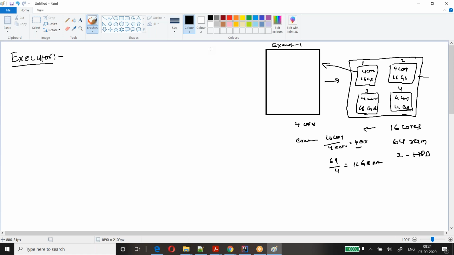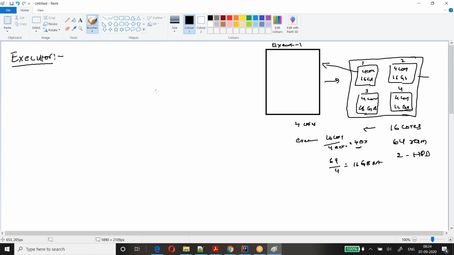How much RAM? 16 GB RAM. So now what will happen here? This executor, we normally call a child JVM process, or a JVM process, where it has some set of resources to run the tasks, and keep the data in memory.